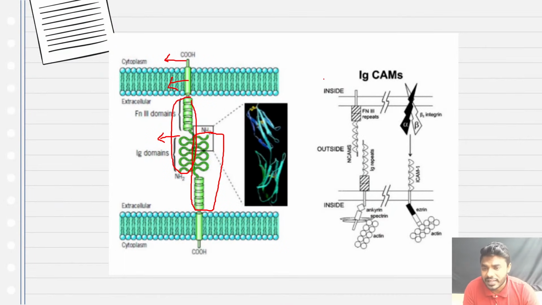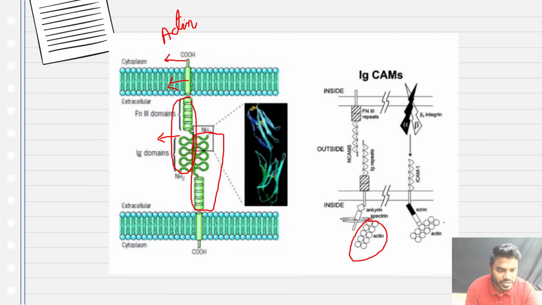And friends, in the diagram you can understand one point very commonly: the extracellular domains of the immunoglobulins associate with each other. And please listen, this is the cytosolic domain, right? Keep it in your mind. The cytosolic domain of the immunoglobulin superfamily molecule, you can understand very clearly in this picture.